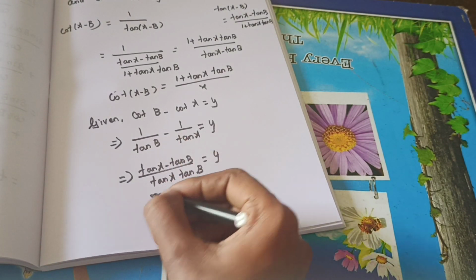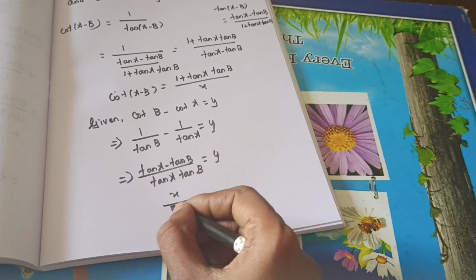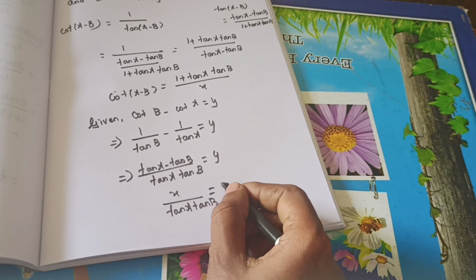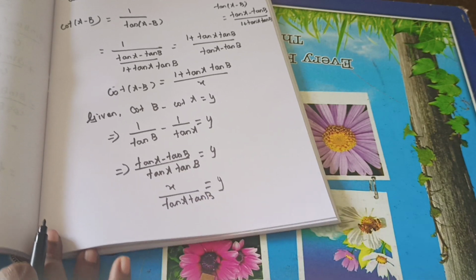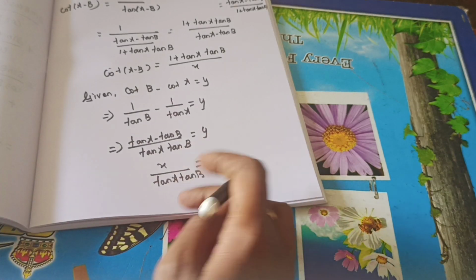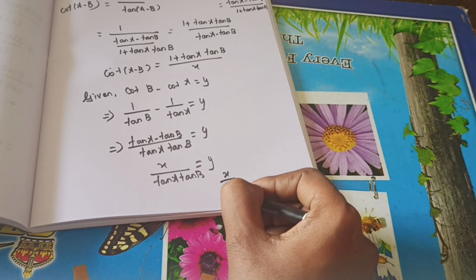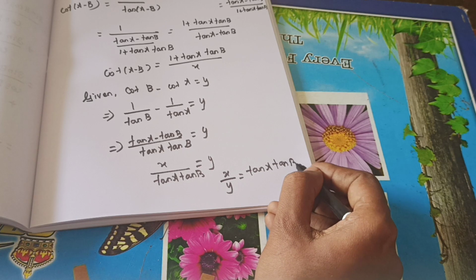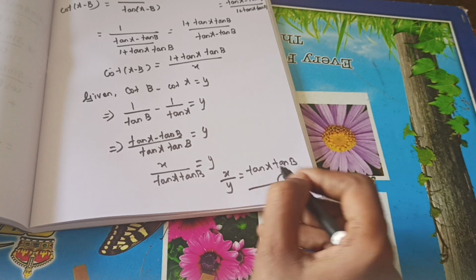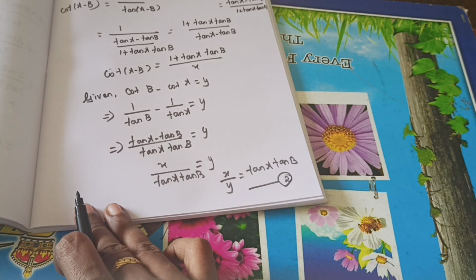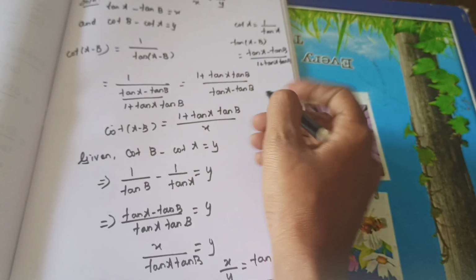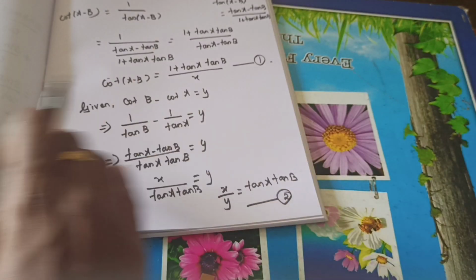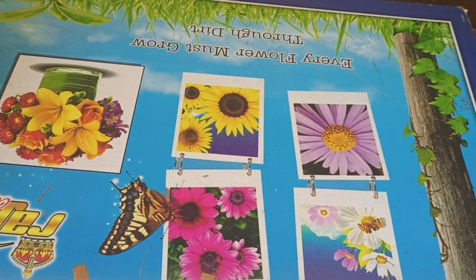So in the place of tan A minus tan B, what will you substitute? x. x by tan A tan B equal to y. Now bring this here. So what will happen? x by y equal to tan A tan B. Consider this as equation number 2. This is equation number 1. Understand, students? This is equation number 1 and this is equation number 2.